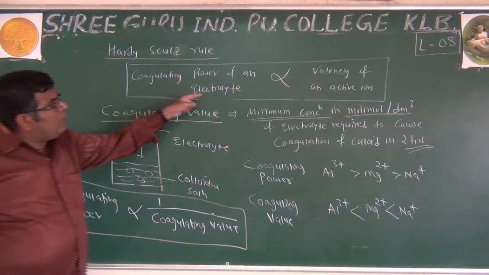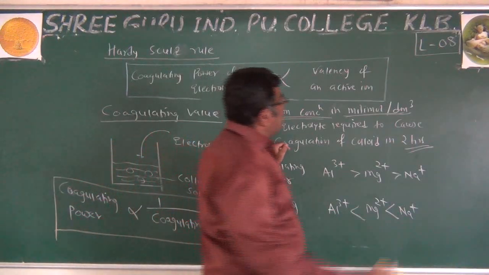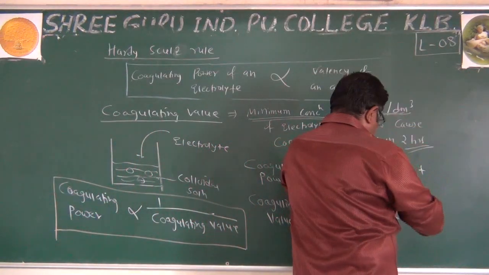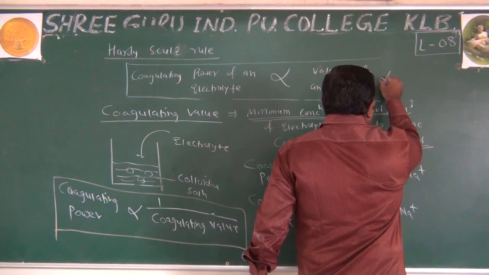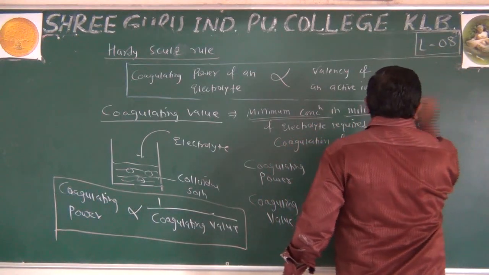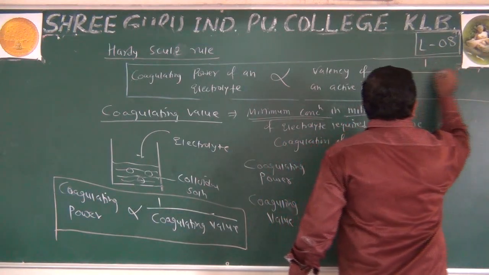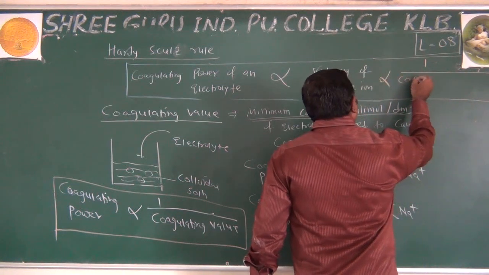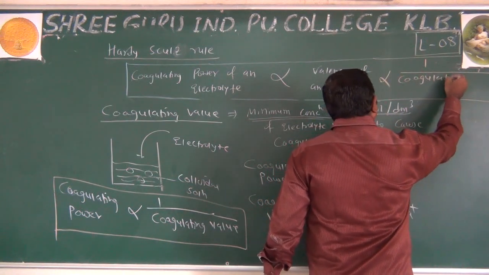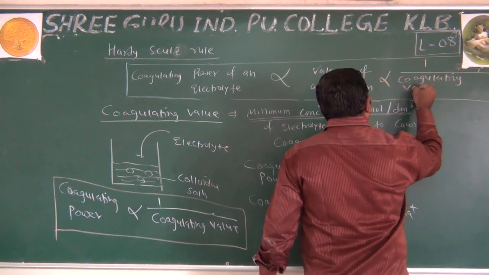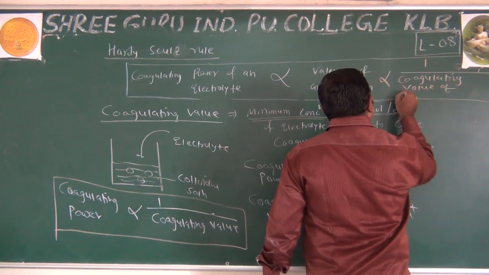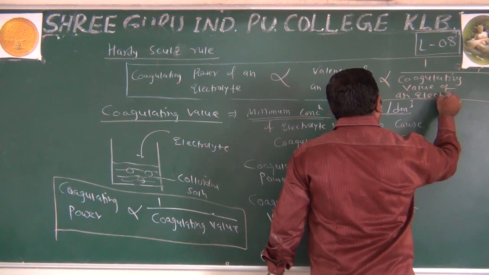So coagulating power of an electrolyte is directly proportional to the valency of the active ion, and I just extend this relation and say it is inversely proportional to the coagulating value of an electrolyte.